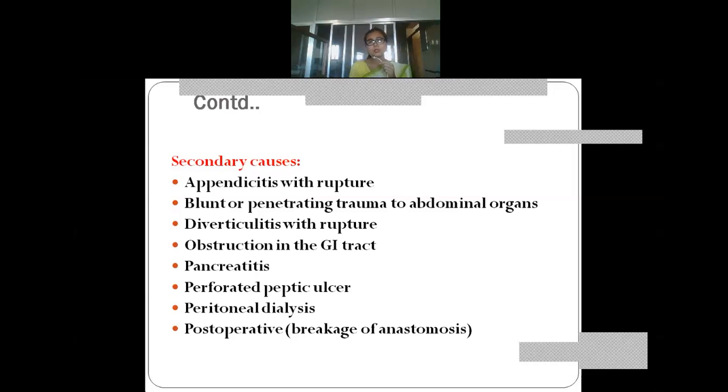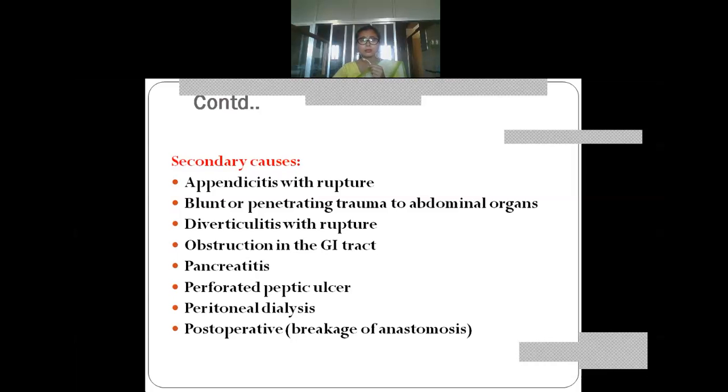Here the difference between blunt and penetrating trauma is that in blunt trauma, the skin in the abdomen will remain intact, okay? Just that because of the trauma caused by any blunt object, that can lead to internal abdominal organ injury, but the abdominal skin will remain intact in this case.